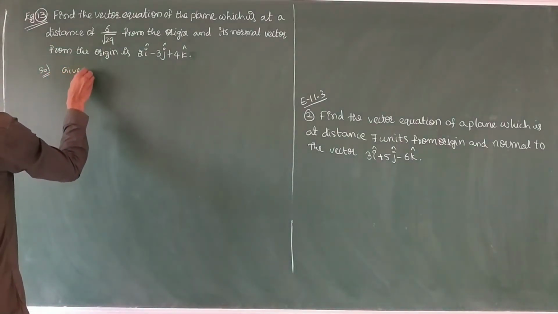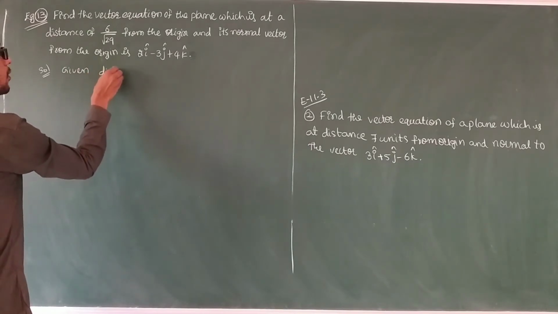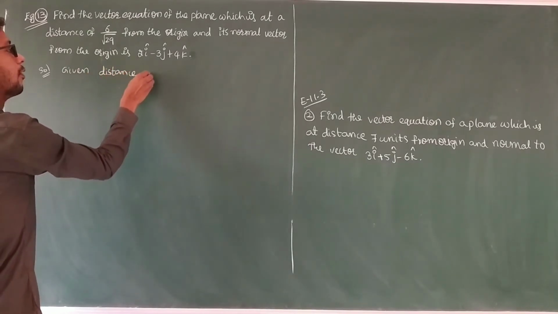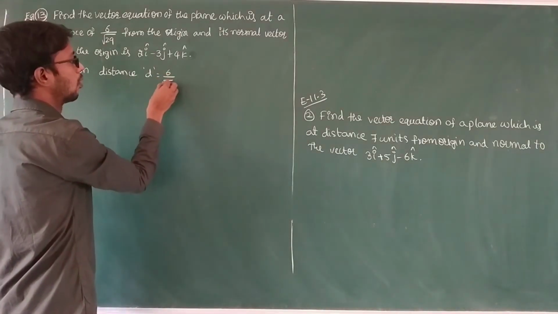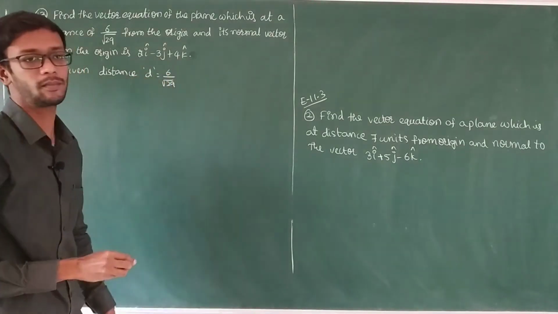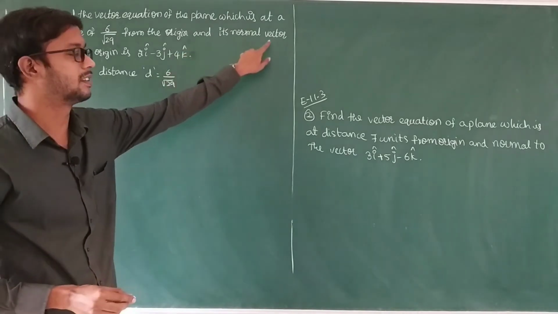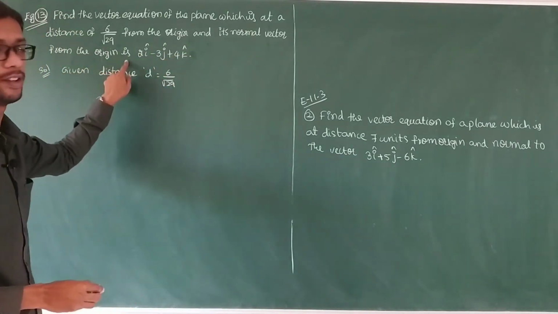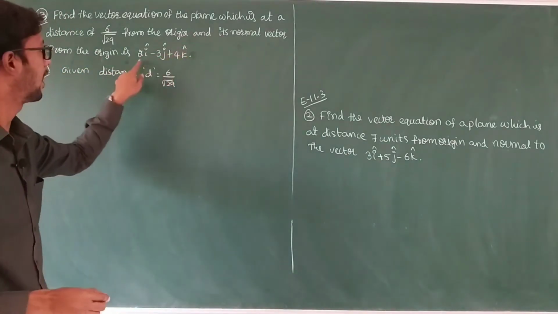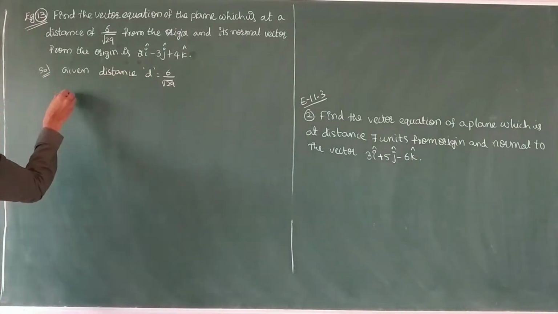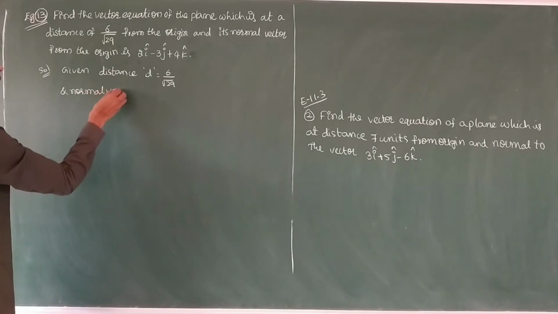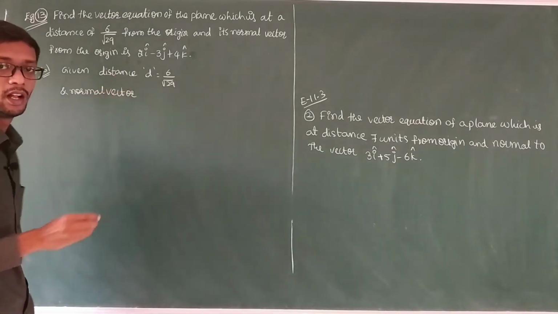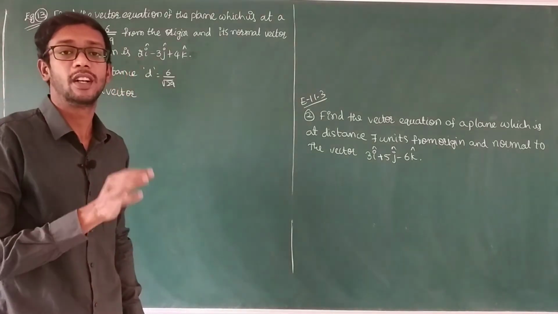Given: the distance from origin to plane we can write as d, that is 6 by root 29, and the normal vector. This is not a unit vector, just a normal vector.